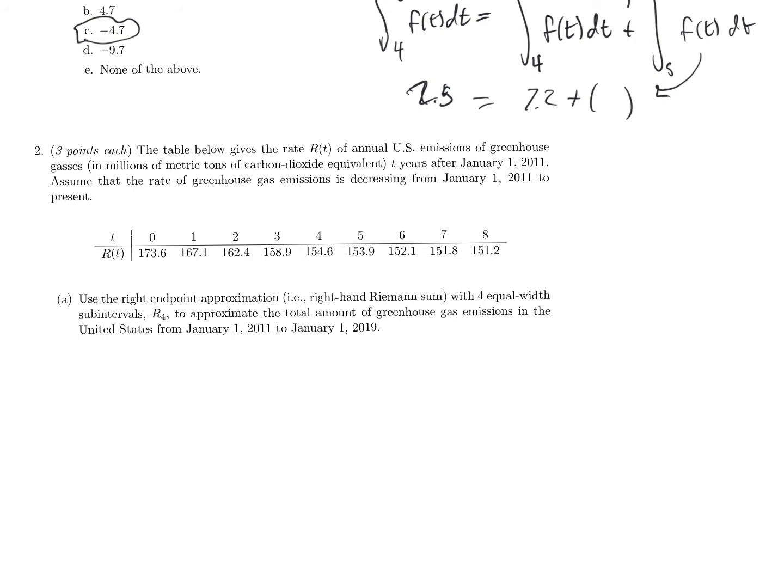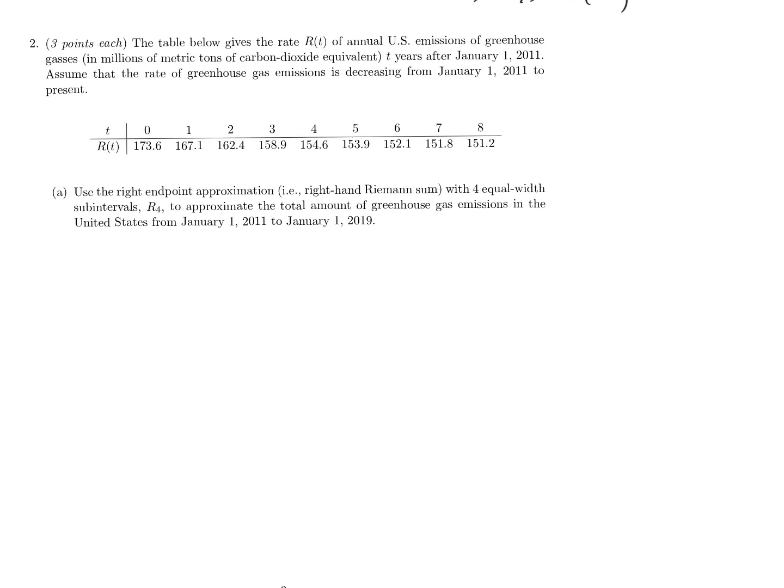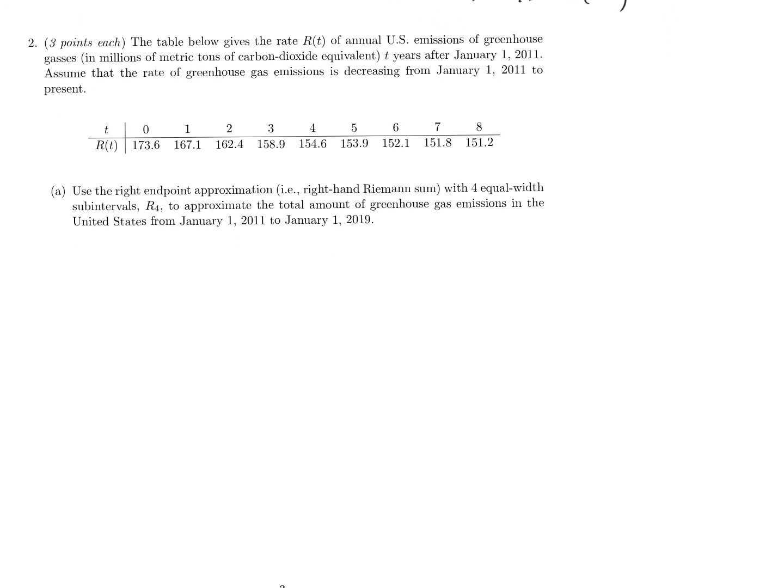Actually, from problem 2, I'm going to give myself slightly more room because of summing rules. Okay, so what we're asked to do, we have a table of the rate of emissions of greenhouse gases, and we're asked to find the total emissions over the span of 8 years.